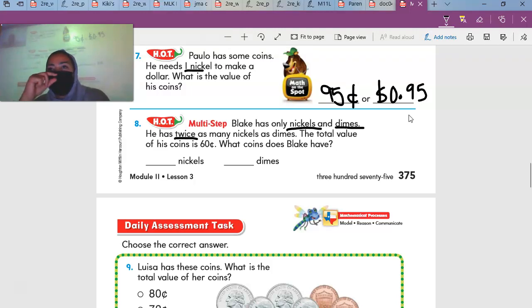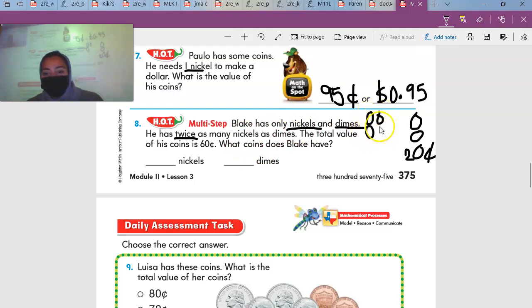JC? 2 dimes. Let's try 2 dimes. If we have 2 dimes, and each dime is worth 10 cents, then we have 20 cents here, right? Now, if I have to double the value of nickels, then nickels are 4 nickels, right? 1, 2, 3, 4.